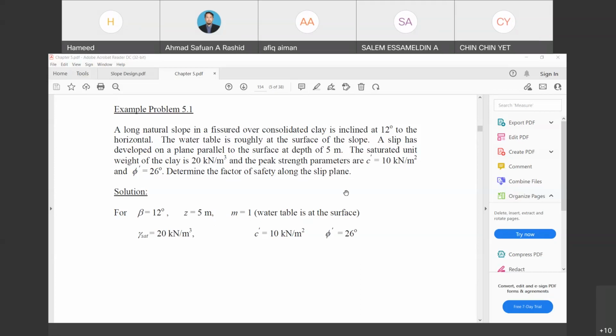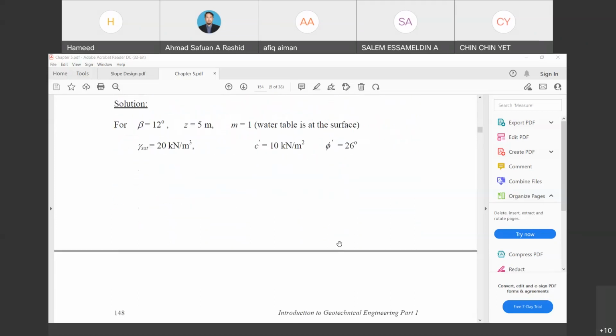Due to the water being at the surface of the slope, we assume that the groundwater is 5 meters high, and Z is equal to 5. So 5 over 5 is equal to M, which is equal to 1. So it is fully saturated, where gamma sat is equal to 20, C is equal to 10, while phi is equal to 26.